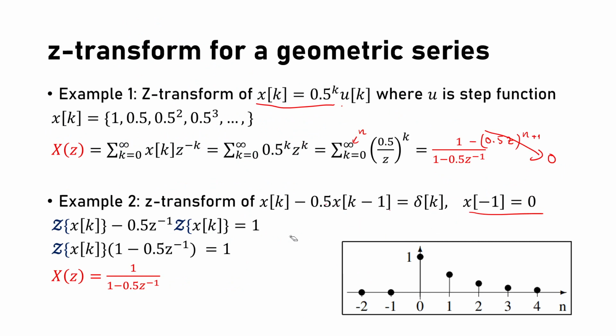And let's verify if k equal to 1, then you have h1 here equal to 0.5 times h0, which is 1, plus what about this one? This one is 0, right? So you have h1 equal to 0.5.